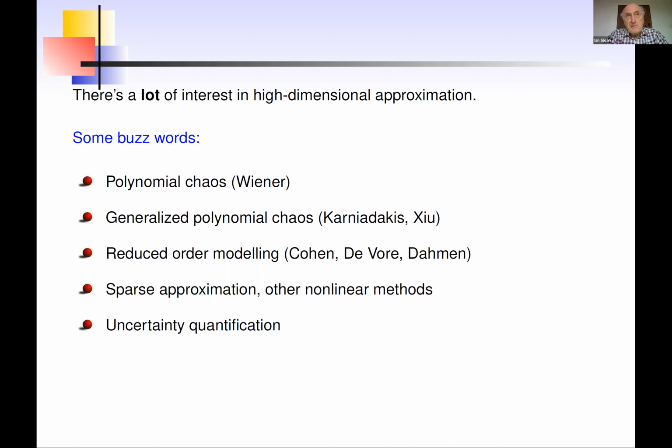It's sparse approximation and other nonlinear methods. Sparse approximation, in which you rely on most coefficients being zero. And uncertainty quantification. There are now at least 2 journals devoted to uncertainty quantification. And we do a lot of work with Frances and Alex, who are also on this call, in that space nowadays.